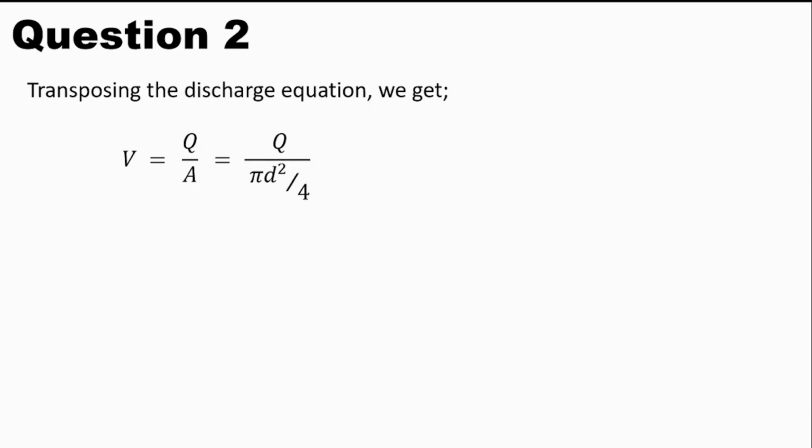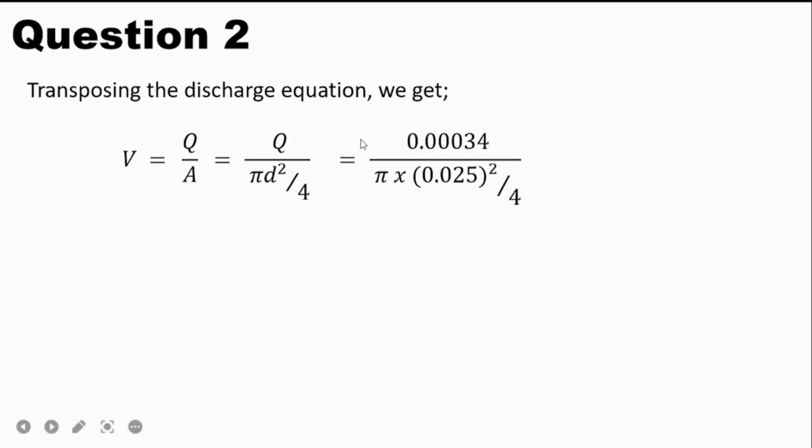So what next? We have to put in the values. Our discharge is 0.00034 over pi times our pipe diameter, 0.025, squared, divided by 4.